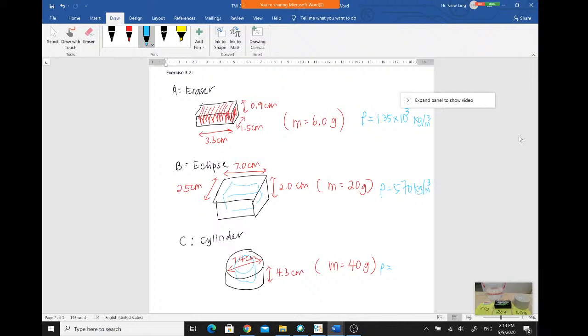So how about cylinder? The density of cylinder. 216. Okay.